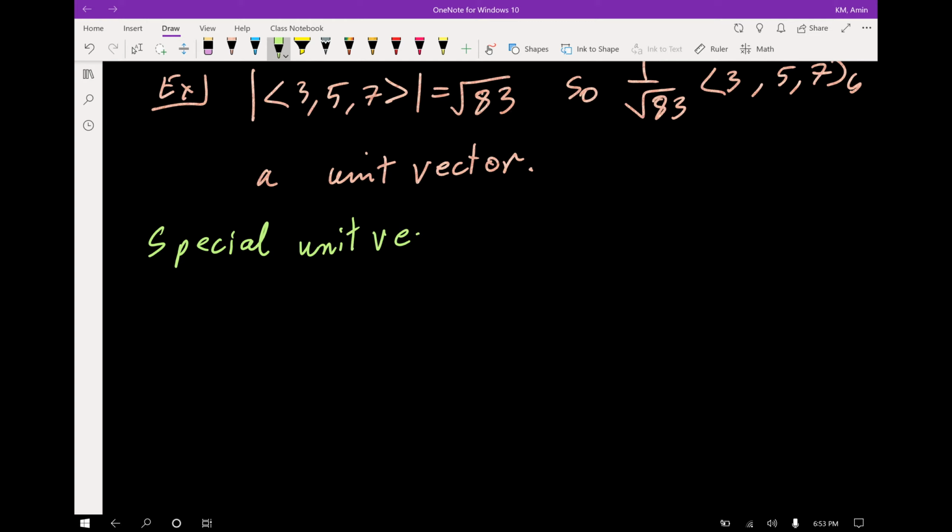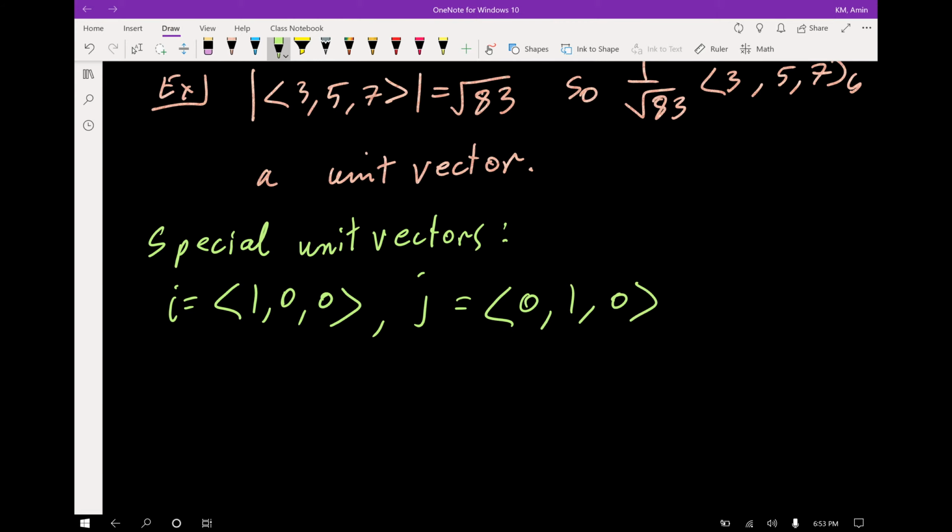Unit vectors. UNLV doesn't have a lot of good algebra people. You have i is 1 0 0, j is 0 1 0, and k is 0 0 1.